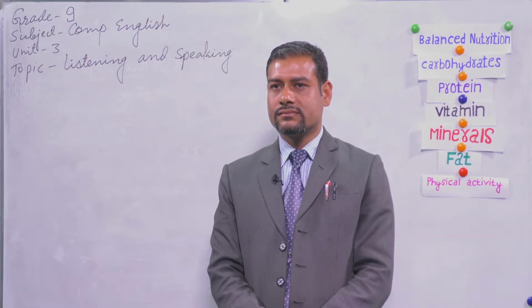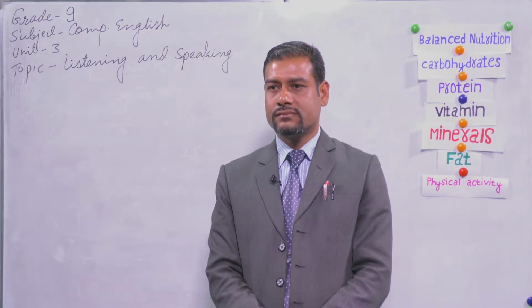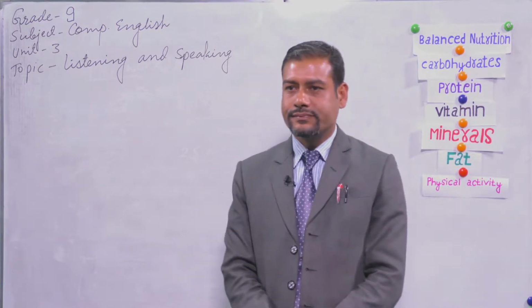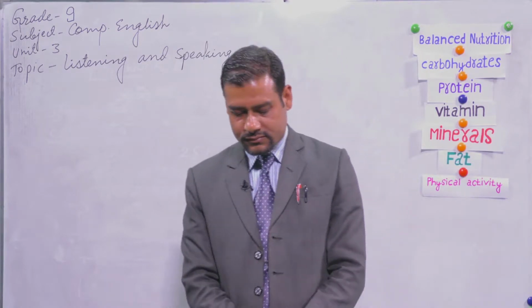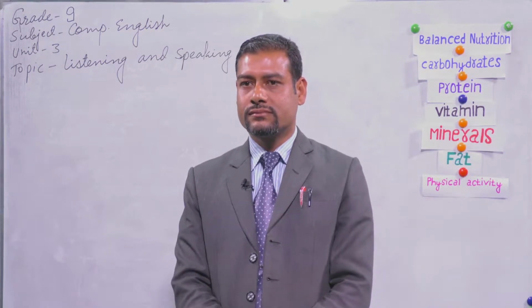The average person needs about 2,000 calories every day to maintain his or her health. However, a person's daily calorie intake should be based on age, gender, and physical activity level. Men generally need more calories than women, and active people need more calories than inactive ones.